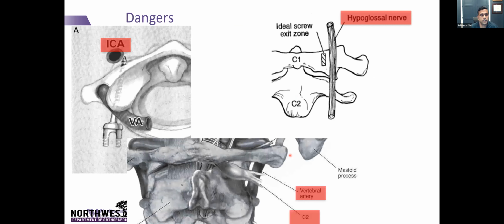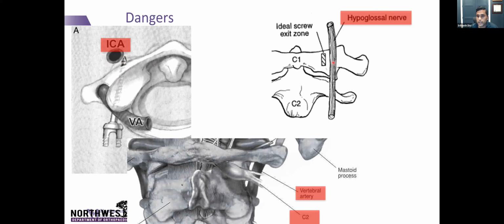Now, dangers that we talk about, obviously, if you use too long of a screw, the internal carotid artery sits there. You're safer if you're towards the medial third of the lateral mass. You're less safe if you're in the outer two-thirds. And the more lateral trajectory you have, the higher the risk of hitting the internal carotid in the anterior aspect.